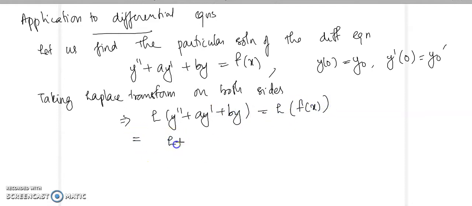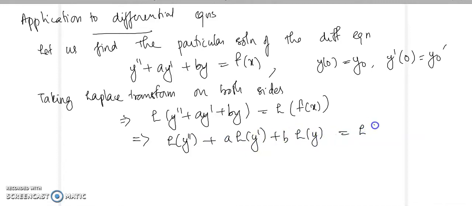So you have L of y double dash plus a L of y dash plus b L of y equal to L of f of x.